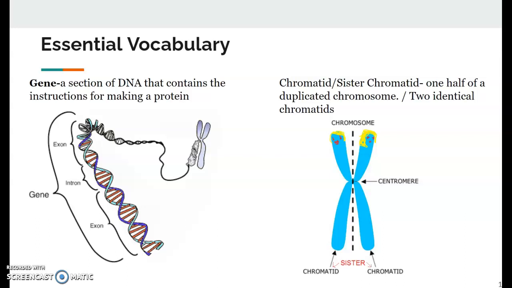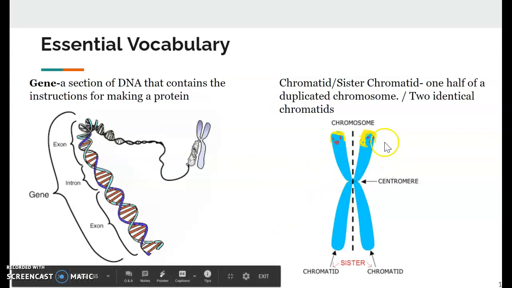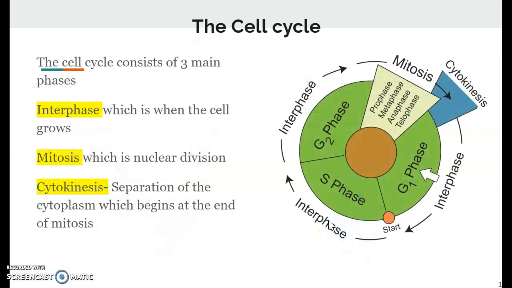A chromatid or a sister chromatid is one half of a duplicated chromosome, right? So this is a duplicated chromosome. A half of that is a sister chromatid, right?